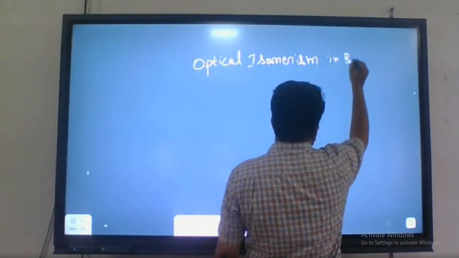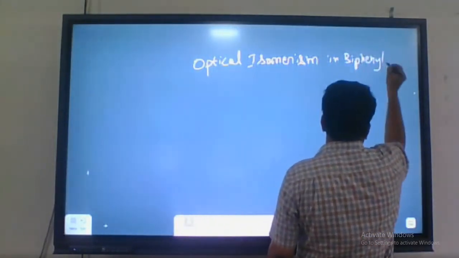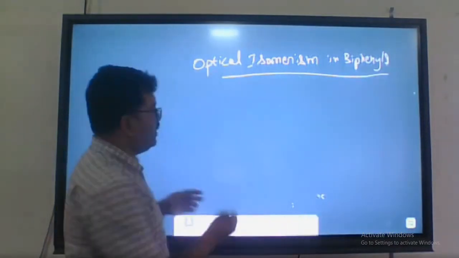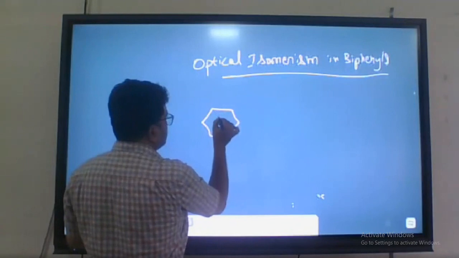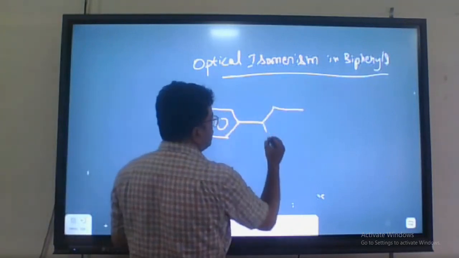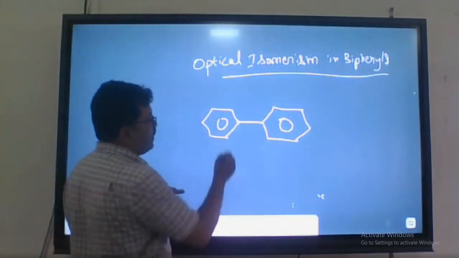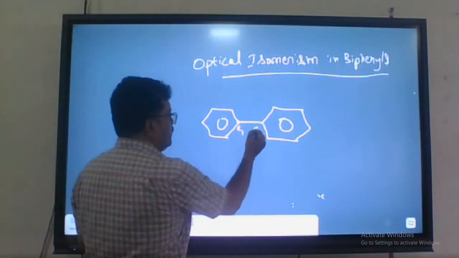Next, biphenyls. What is biphenyl? So this is biphenyl, with carbon numbers C1 and C2.